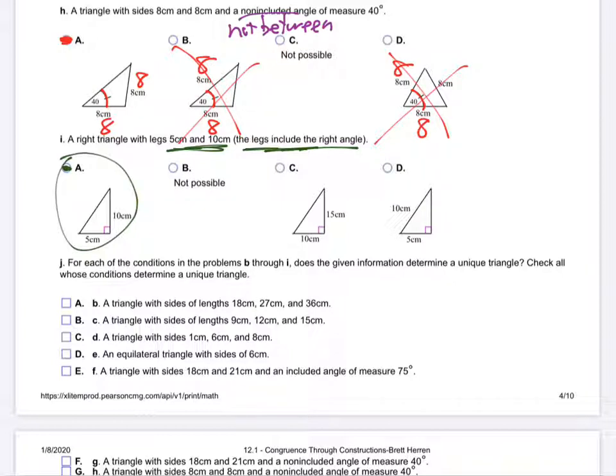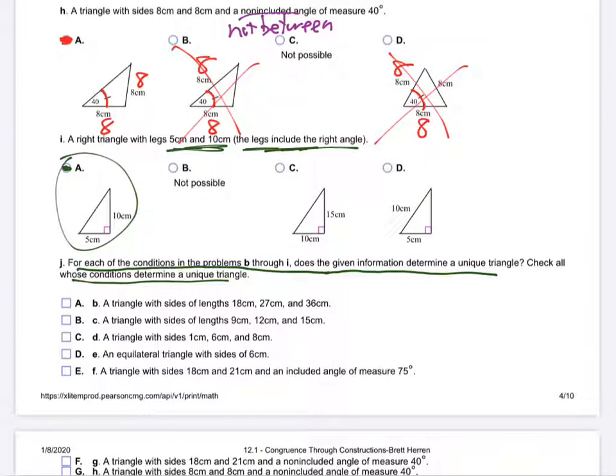Anyway, what they want us to do now is go back to all those ones we just did and decide which of them are enough information to be only one triangle. They say, for each of the conditions in the problems B through I, so they're letting us skip A, does the information determine a unique triangle, or is there more than one triangle that's possible?